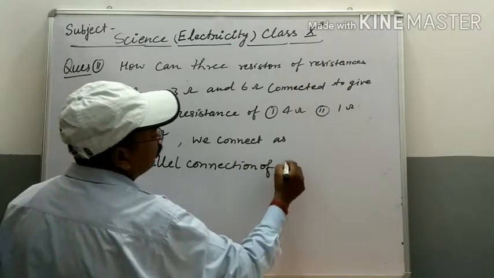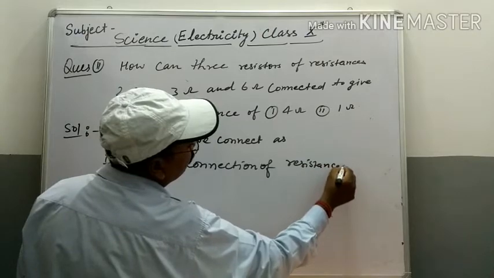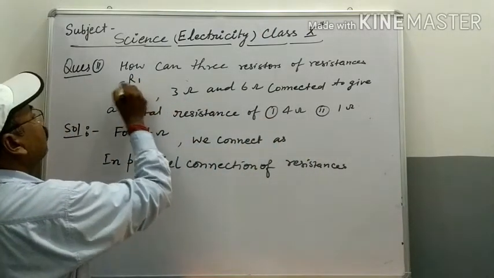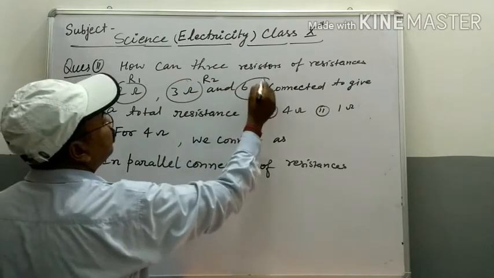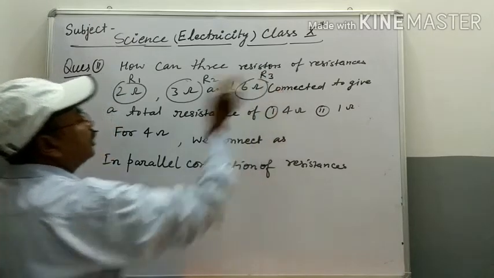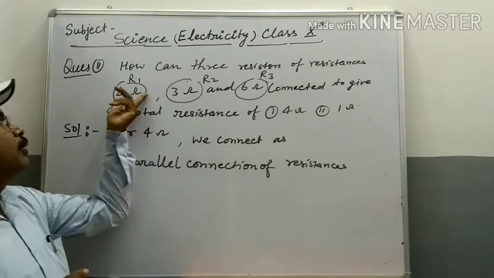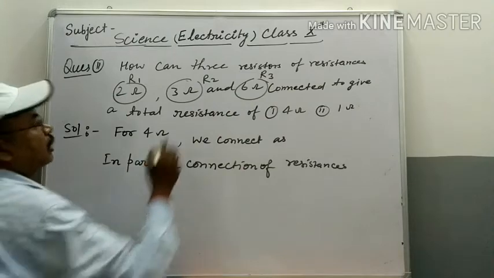You can write R1, R2 and the third resistance R3. We have named the three resistances: first is R1, second is R2 and third is R3.